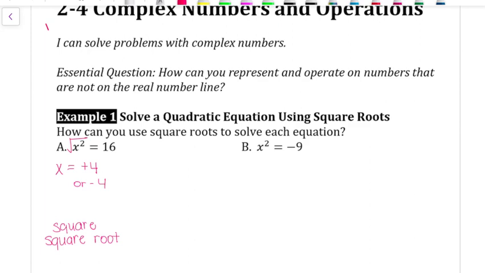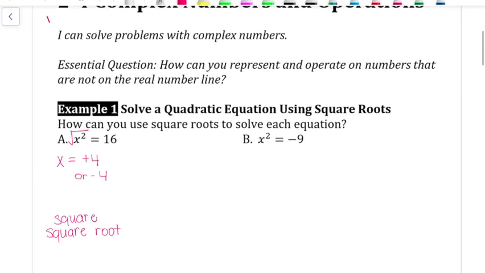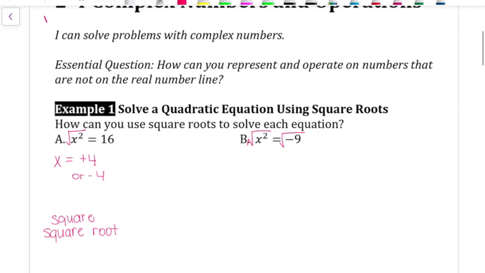So there's two answers. Now, by definition, something has a square root because a number times itself gives me that number. So in this case, negative 4 times negative 4 gives me positive 16. But if I think about that in a negative sense, what multiplied by itself gives me a negative 9?